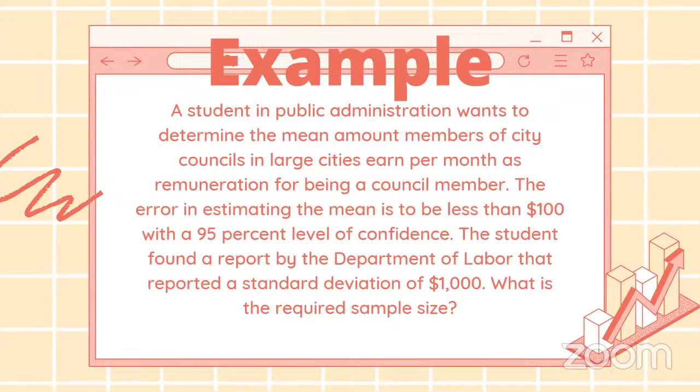The error in estimating the mean is to be less than $100 with a 95% level of confidence. The student found a report by the Department of Labor that reported a standard deviation of $1,000. What is the required sample size?